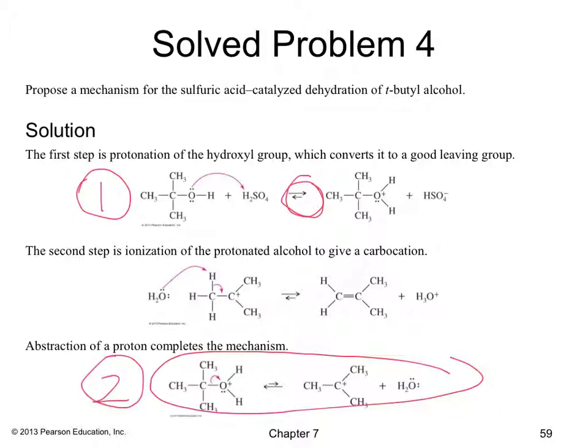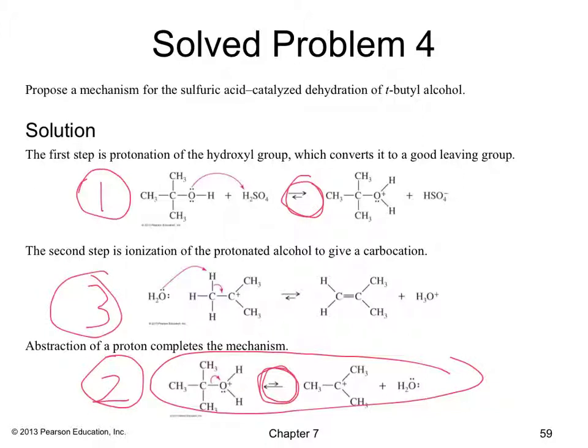So then you have the protonated alcohol coming off to form the carbocation. Again, this is an equilibrium mechanism. Then step 3 is the abstraction of a proton.